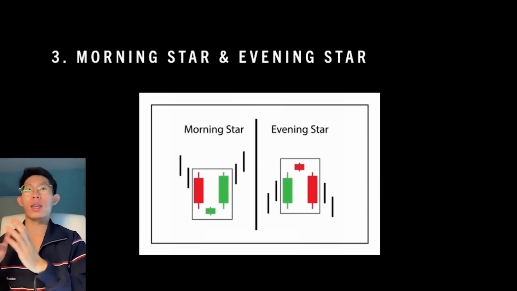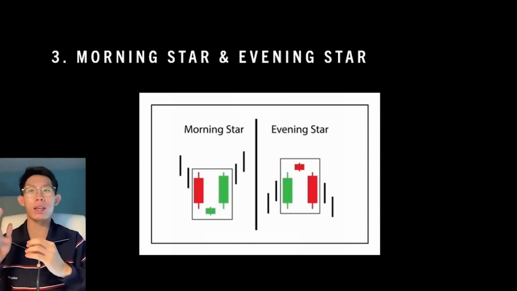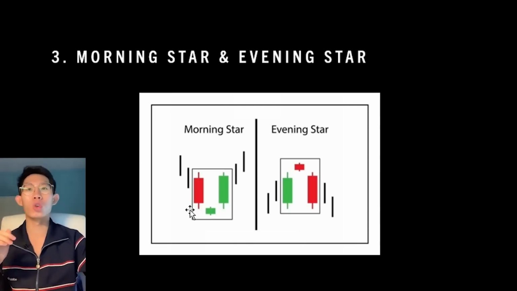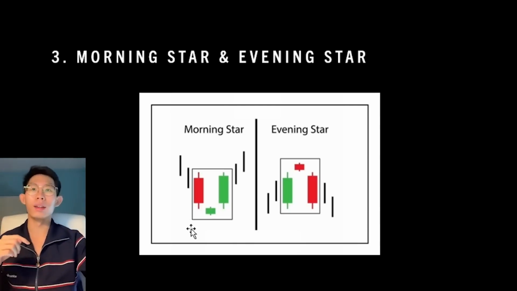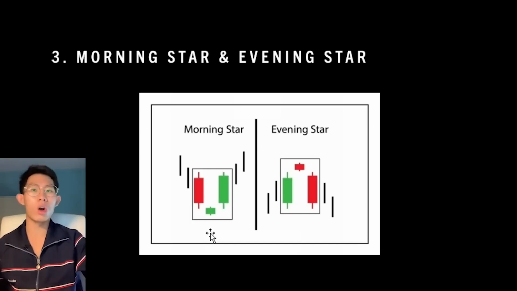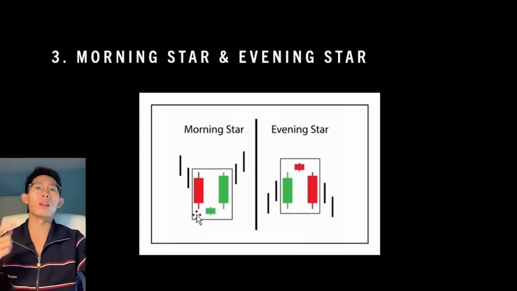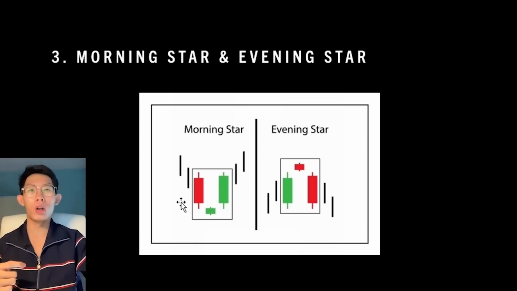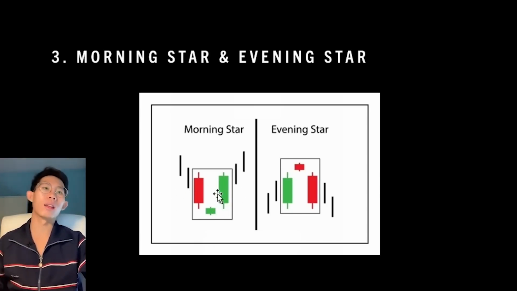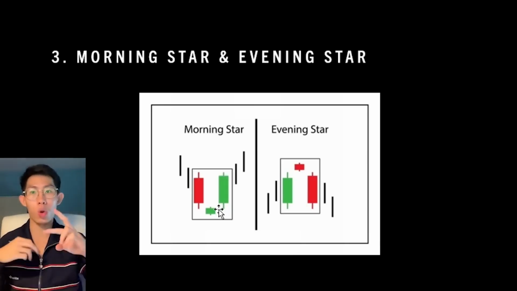Okay, so the first candle must be red, and then the second one can be either green or red, and it can be either a star candlestick or a doji. Alright, and then the third candlestick must be green, and it must close at least halfway up the first red candlestick. And then this last candlestick will confirm to us that a reversal is going to occur.